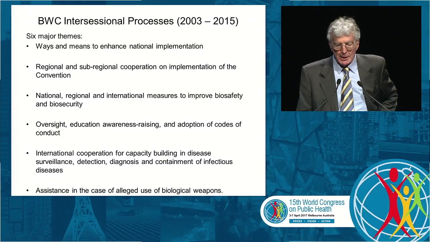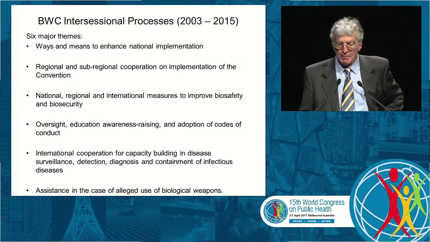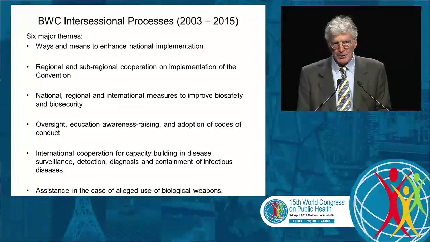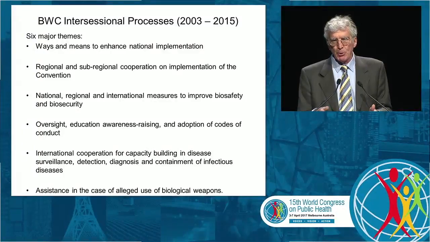And so there were 6 major themes. I won't read them out, but basically the importance of implementing the convention, making sure all states have got criminal laws in place, the importance of regional cooperation, because one of the sayings which was being used at the time, and was still being used, is disease knows no borders, no boundaries.